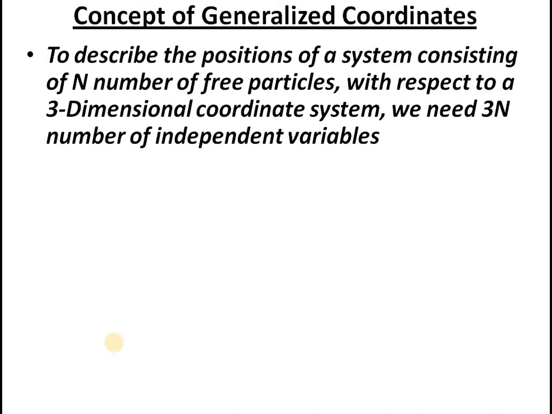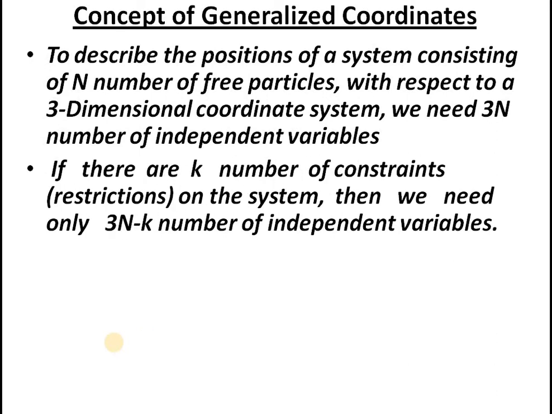So we have that many coordinates, small n coordinates. These small n coordinates are termed generalized coordinates. All those coordinates are collectively called generalized coordinates. But keep in mind that usually when we specify coordinates, we say position coordinates.